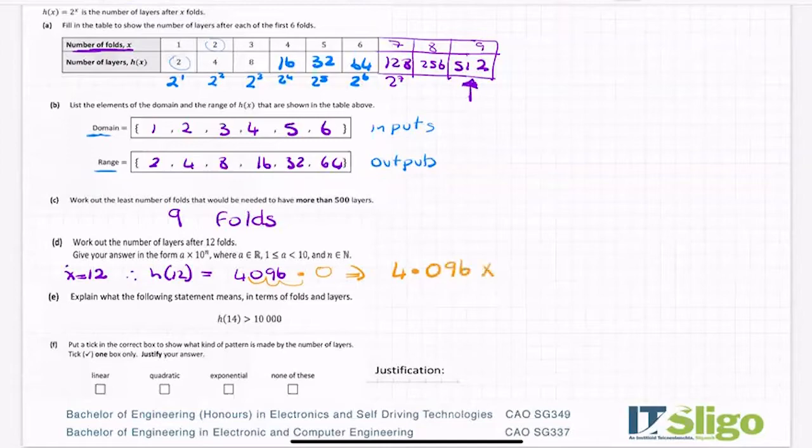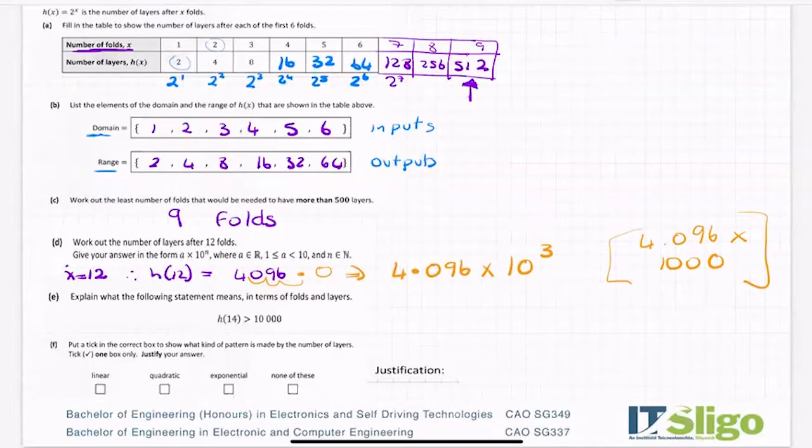Now, how do I figure out what my n is? Well, it's tied to how many frog jumps we did from here. So I did 1, 2, 3 frog jumps, so it's 10 to the power of 3. As an aside, if you put 4.096 by 10 to the power of 3, which is 1,000, into a calculator, you will see that you get 4096.